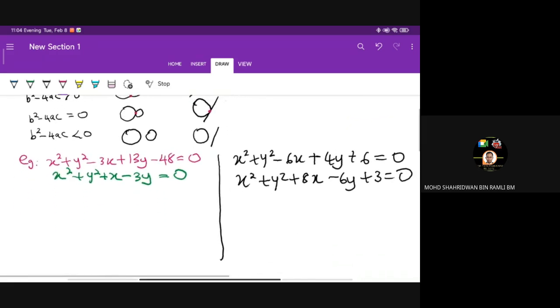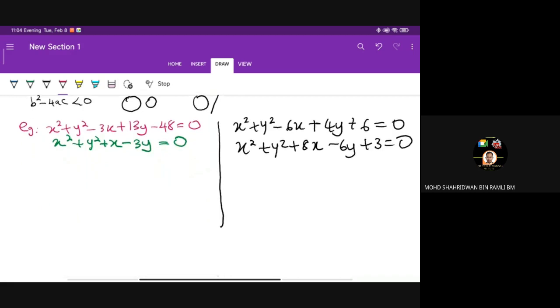Let's say you have these two circle equations. First, you need to make sure that the equation of the circle is in general equation form. So this is your first equation and this is your second equation.